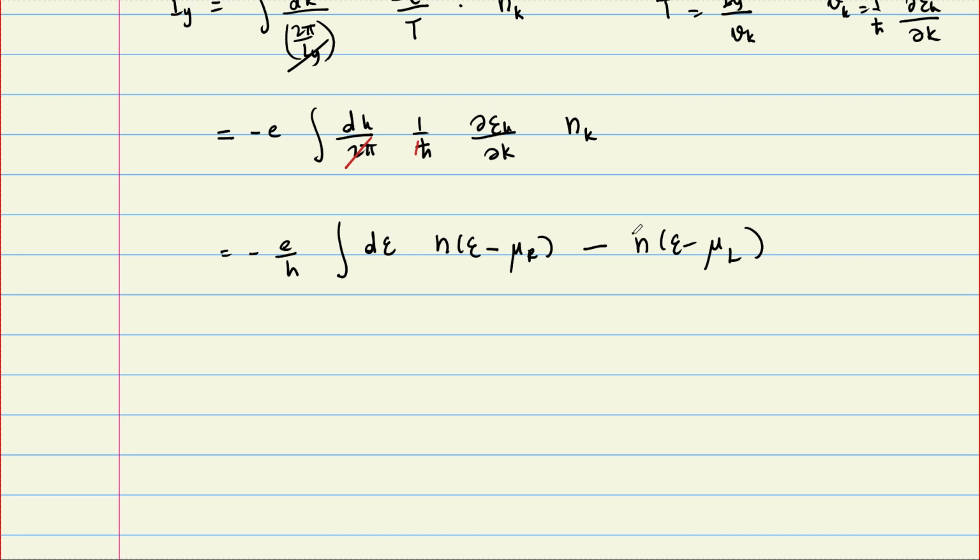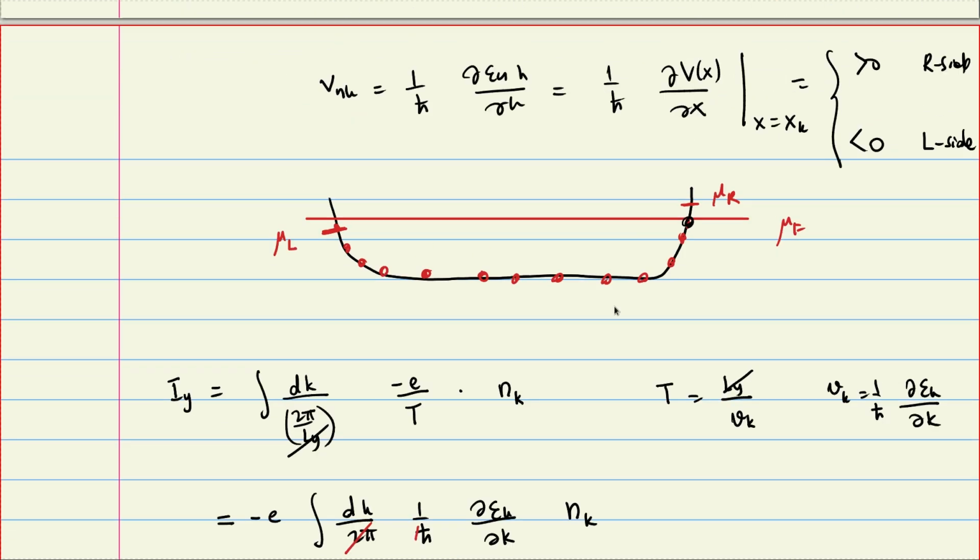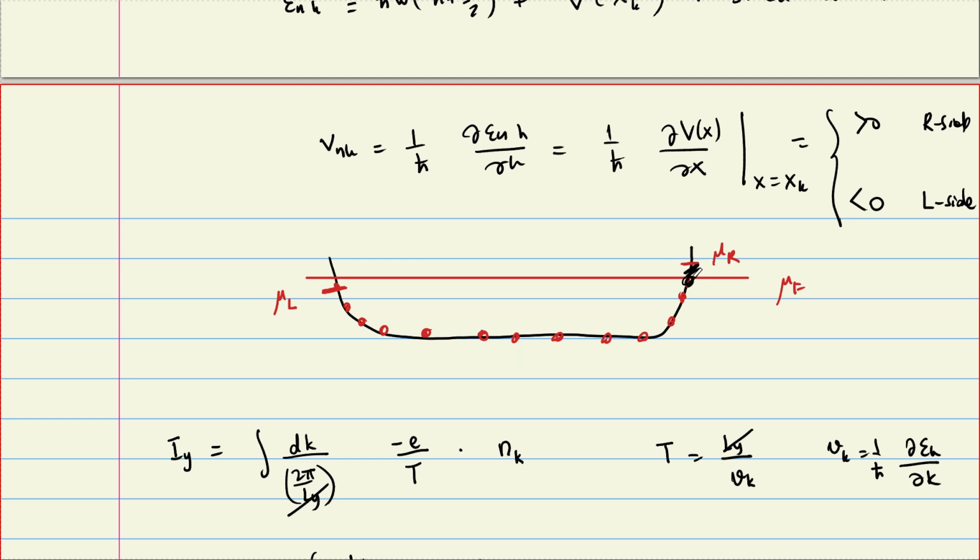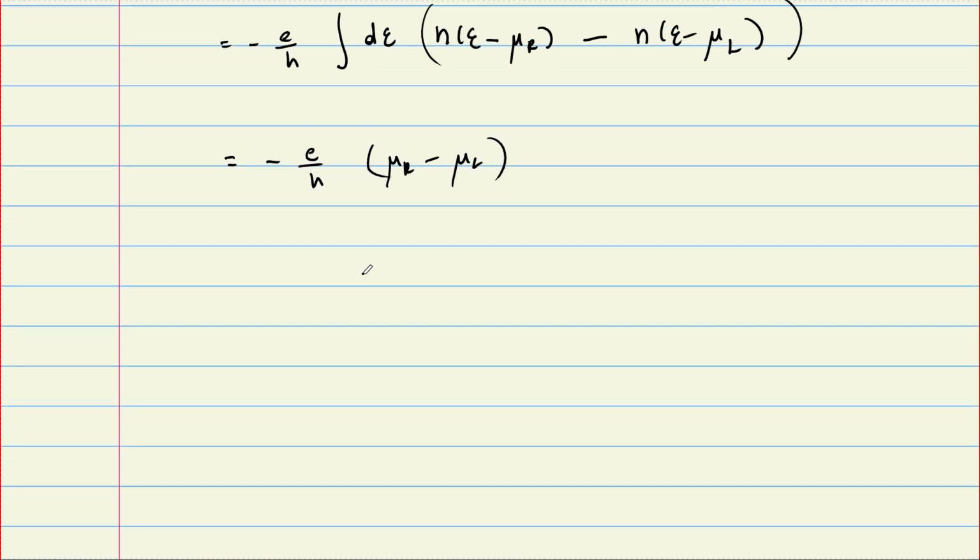And what we said there was that these n's are step functions at zero temperature, these are Fermi functions. This is going to be minus E over h, and step functions are just going to probe exactly mu right minus mu left, just the difference. Whatever the energy difference is, that's the piece you need to get from the integral.